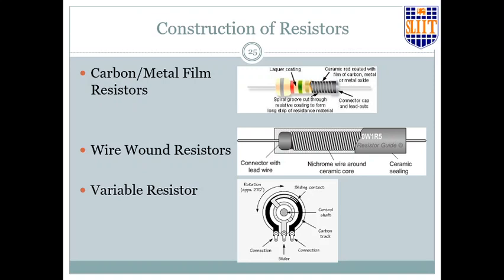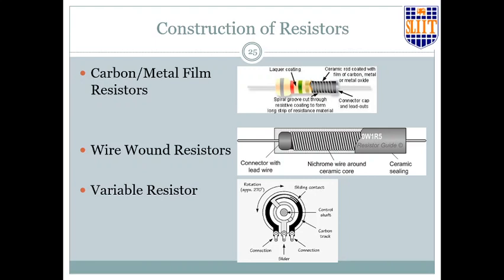Now, if you compare the metal film or carbon film with the wire wound, when you create that spiral by scraping the skin that is already made, there are defects in the thickness and the edges, and when you scrape it, chips can come out of it and so on.